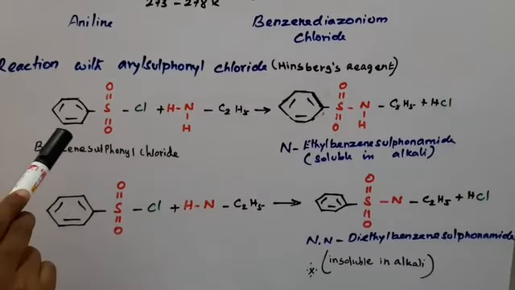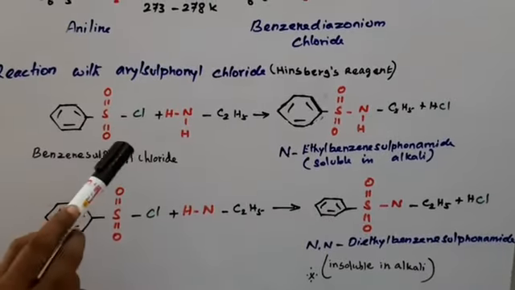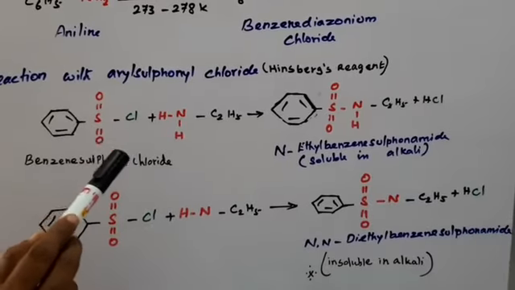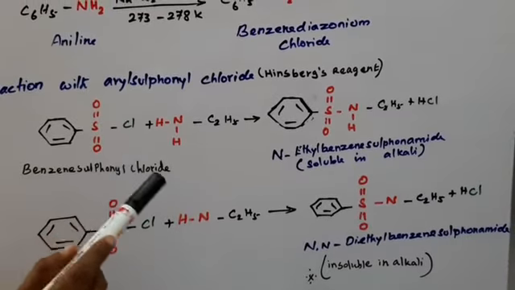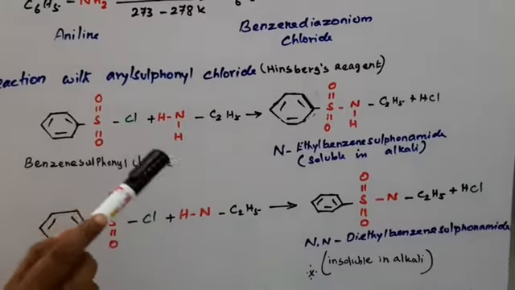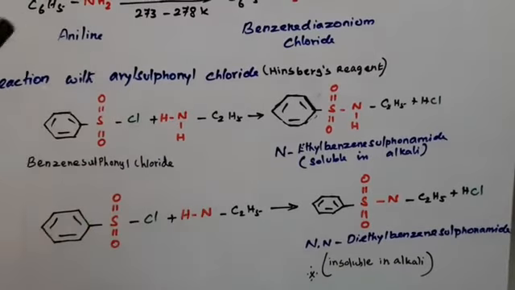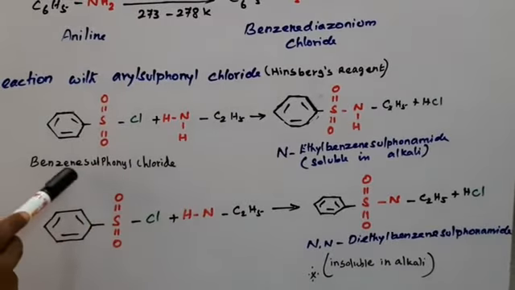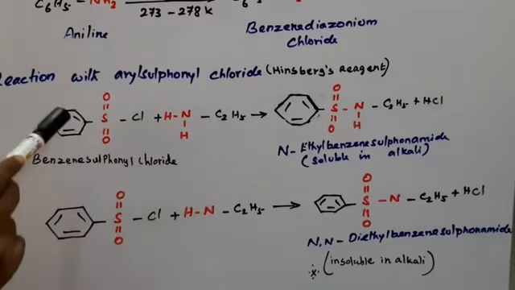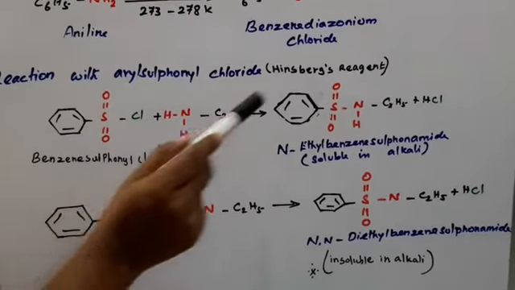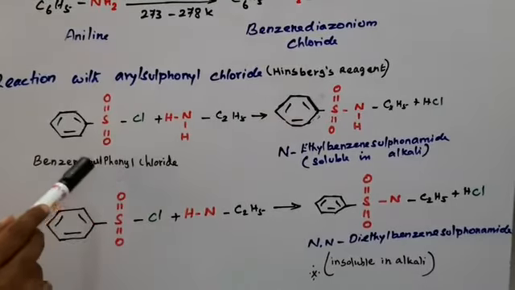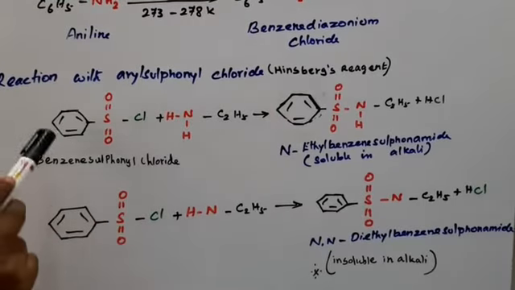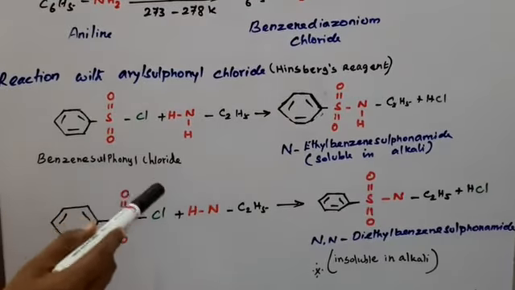Already in haloalkanes and alcohols we studied the Lucas reagent, used to differentiate primary, secondary and tertiary alcohols. Similarly here we are studying the three-type classification of amines.